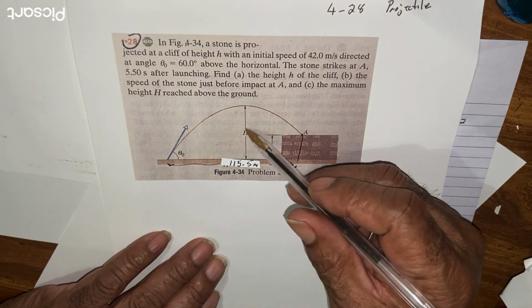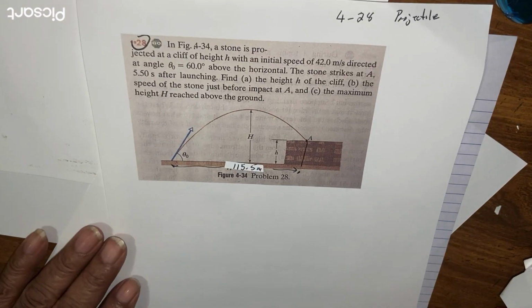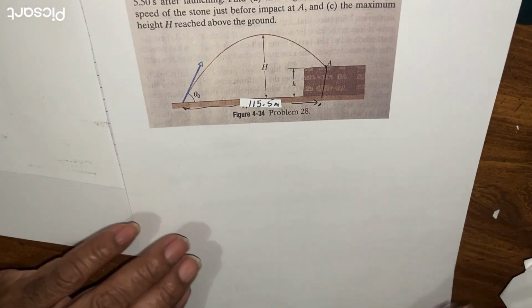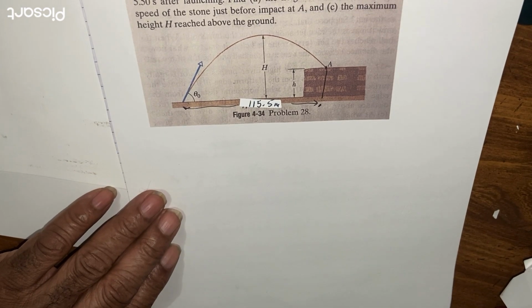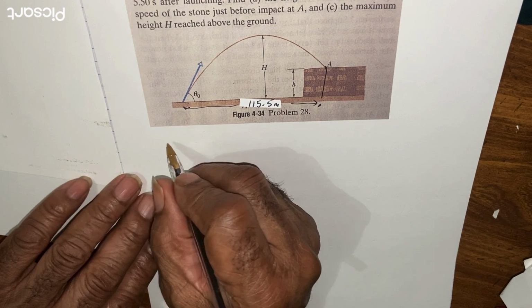Okay, the maximum height reached. I'm going to introduce to you a formula for time that's not in this chapter. You'll find it very useful, and I'll be using it on some of the other problems.